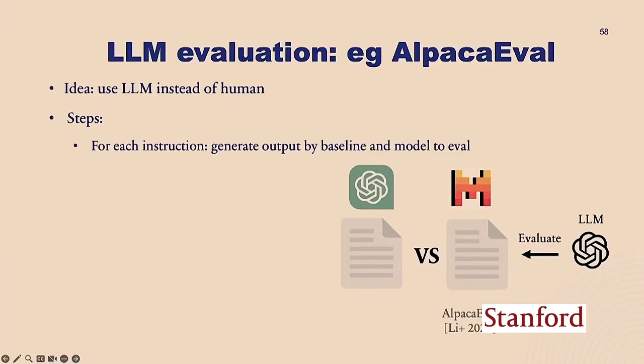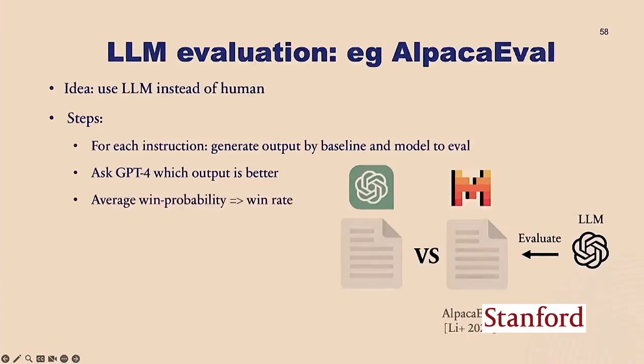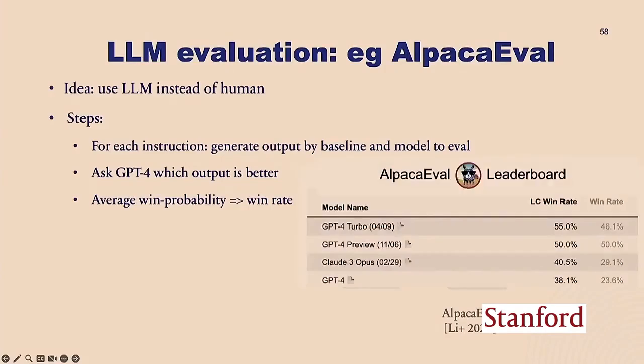I'm just asking another model, GPT-4, which one is better, and I average that out over my entire benchmark or data set. That gives me a win rate, a win probability for one model compared to another one, and now you can rank models. This is the AlpacaEval leaderboard.